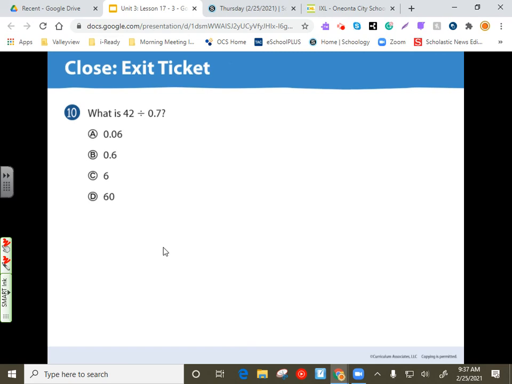What is 42 divided by 7? We've got some options here. So just rewriting this here, 42 divided by 7. I'm going to change this into a multiplication problem: something times 7 tenths equals 42.